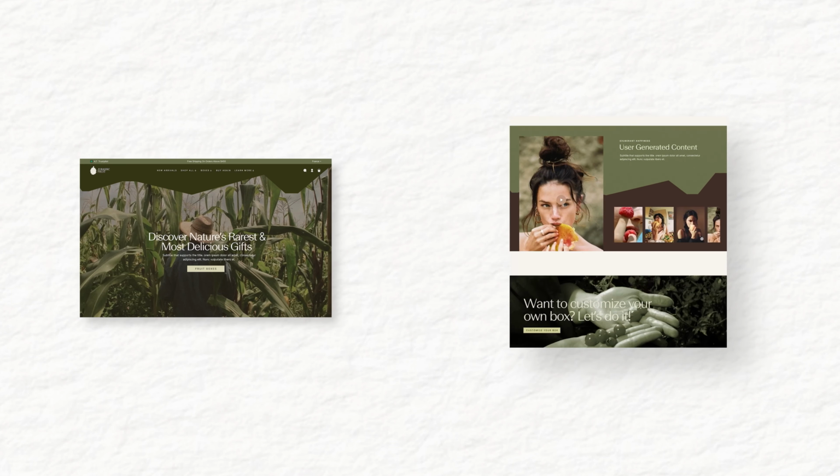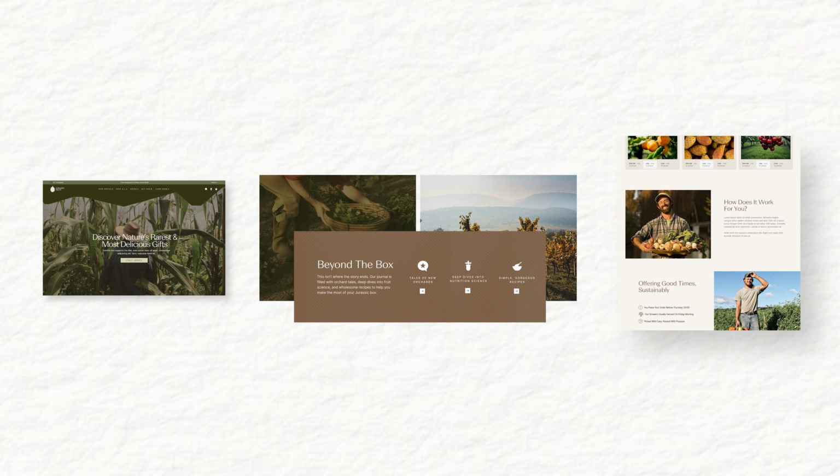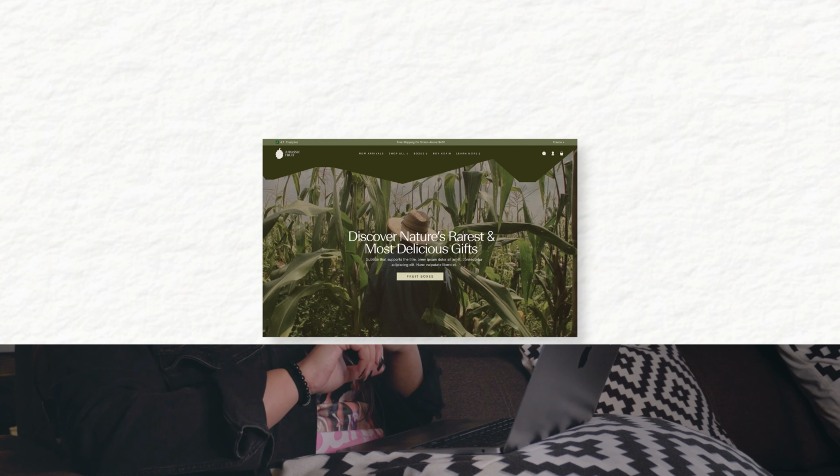Based on the approved art direction, we created 4 different homepage variations for the client to choose from. The first one was raw minimalism. The second one was nature's canvas.